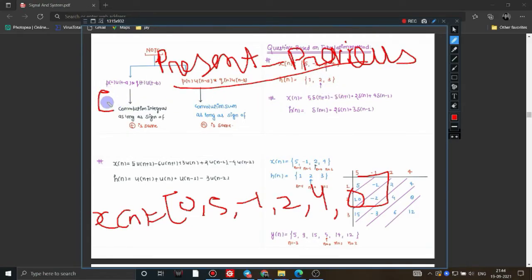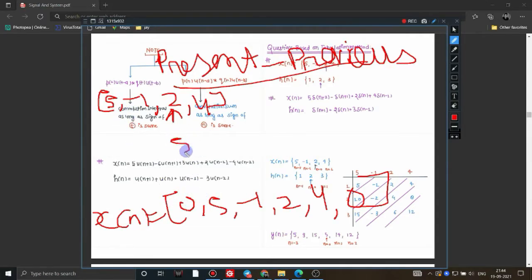For this 5 and 0 added, we take this 5 minus previous, so it is 5.